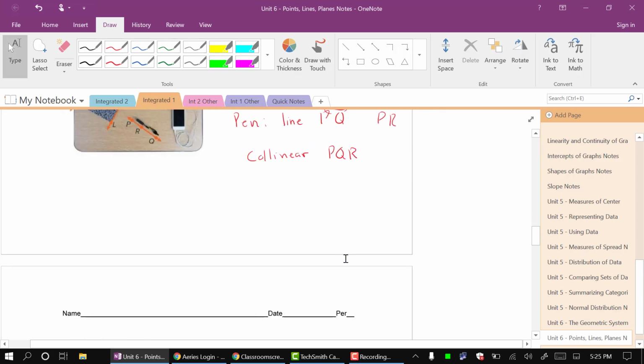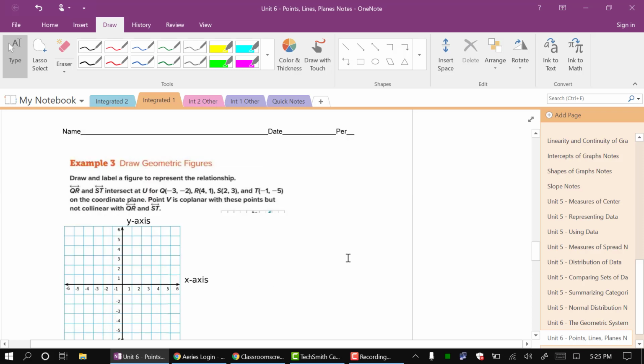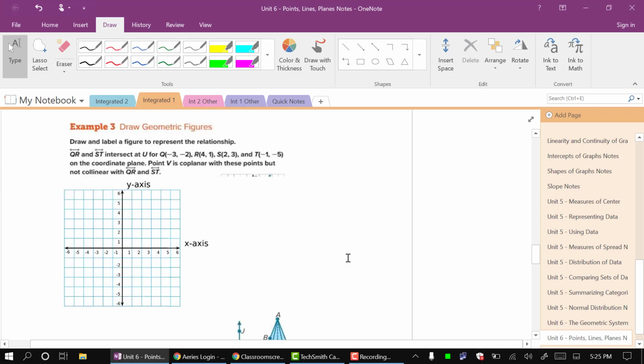Next up, let's take a look at example 3. In example 3, we want to draw and label a figure to represent the relationship. We have line QR and ST intersect at U. Here are the points for line Q and R. Then we have points S and T. So let's start plotting this out.